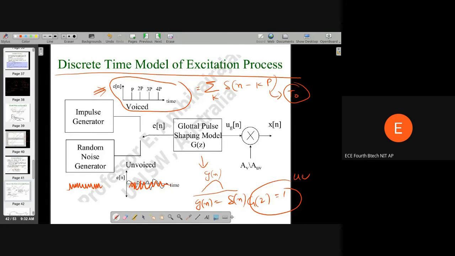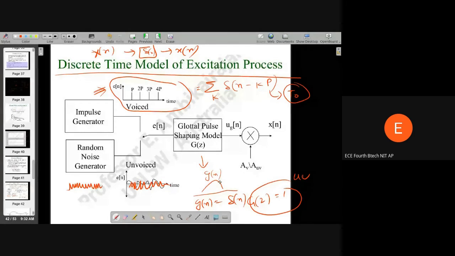So basically nothing happens, the glottis is not involved in the process. If you put any input to a system with delta(n), the output will be exactly the same, so the system is doing nothing. So in case of unvoiced speech, G(z) is 1, g(n) is delta(n), and this random noise e(n) just passes through the glottis without it shaping it in any form.